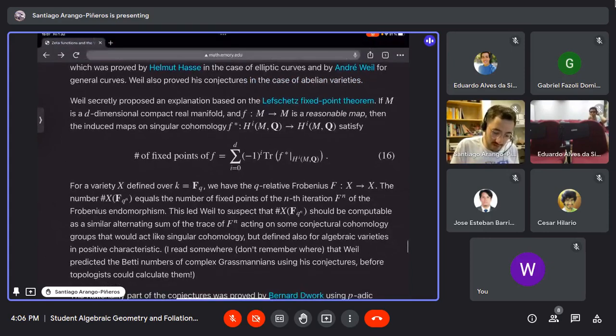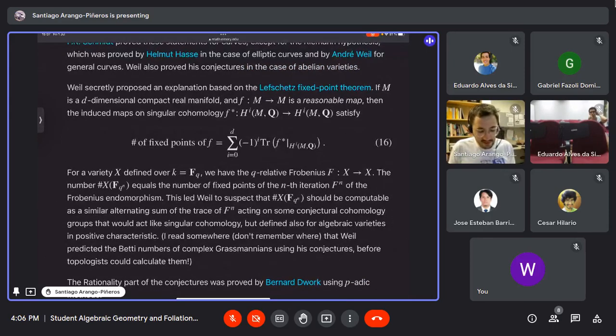And what they noticed is that, okay, now in the case of some variety over a finite field, you have some endomorphism of your variety, which is the q-power Frobenius. And the number of points is actually the fixed points of Frobenius.